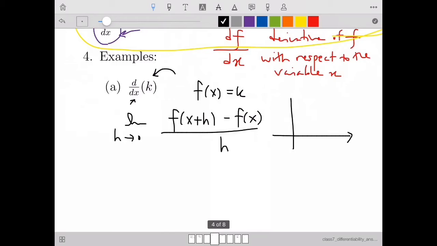But my function is a constant function. It is k at every x. So as I get close to x, my slope of the tangent line is 0, because the tangent line itself is just a horizontal line. So the derivative of a constant function at any x is 0.